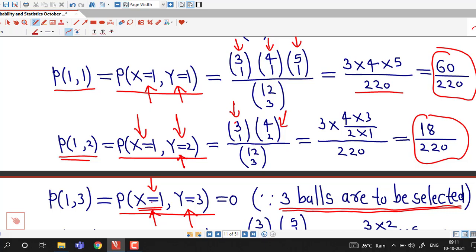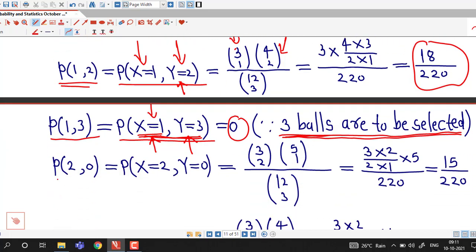So that is to select 4 balls, but our random experiment is for selecting 3 balls only. So this event is not possible. So the value of this probability is 0. The probability of an impossible event is 0. So the value of the probability mass function at ordered pair (1, 3) is 0.